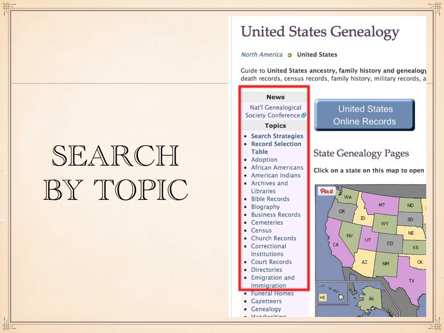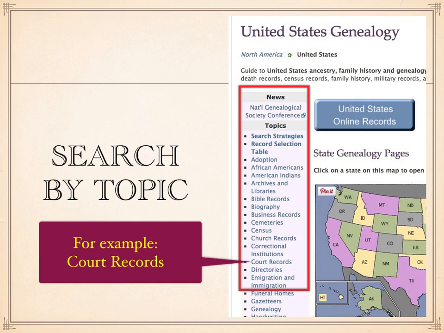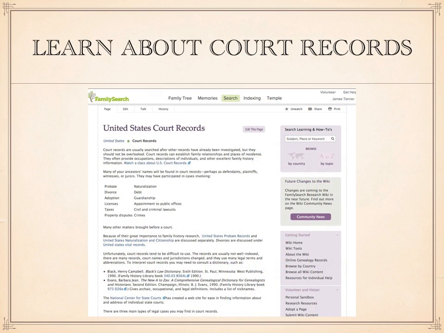Now let's say, for example, we wanted to look for court records. We could then click on this link and learn about United States court records. And then you could take a further step and read through this article and then work your way down through jurisdictions on the various courts.